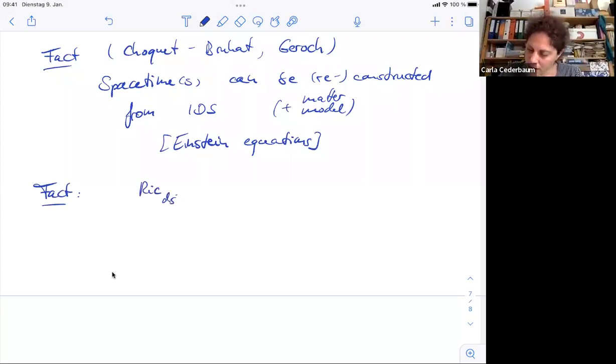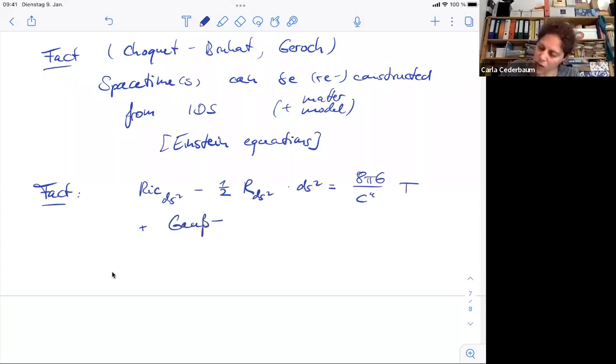And that is that if you take your Einstein equation, this is the Einstein equation, and you combine it with the so-called Gauss, Codazzi, Mainardi equations for hypersurfaces.